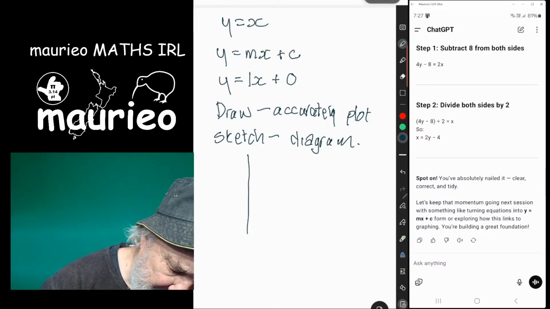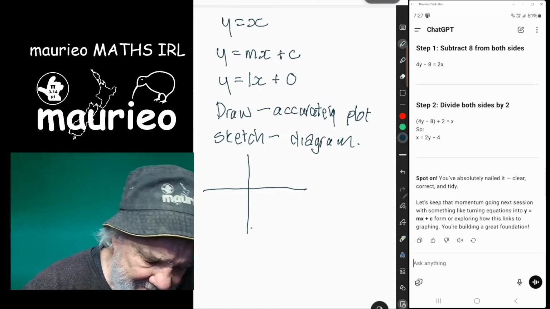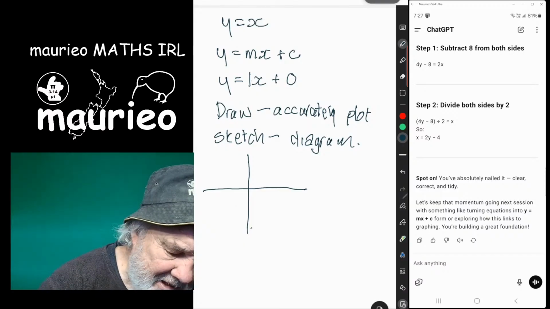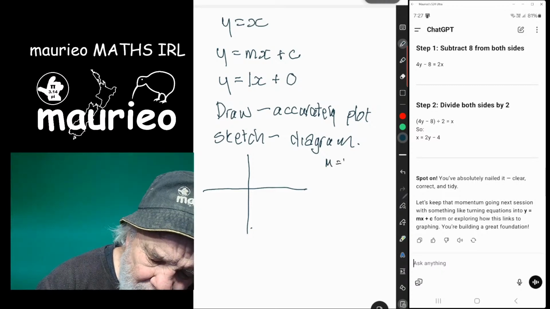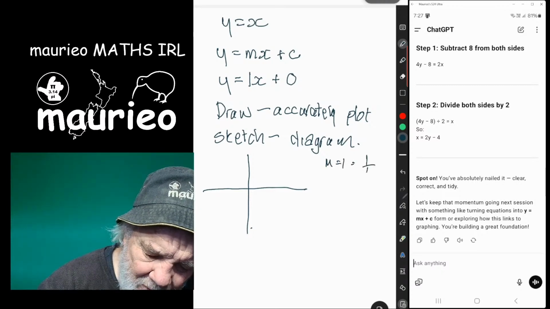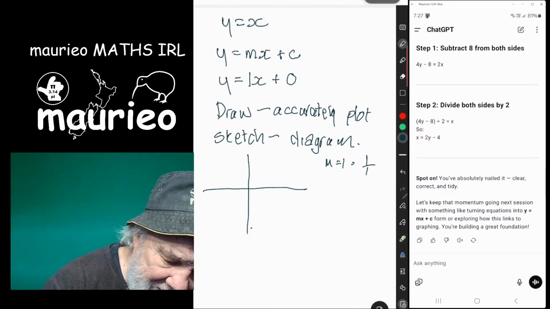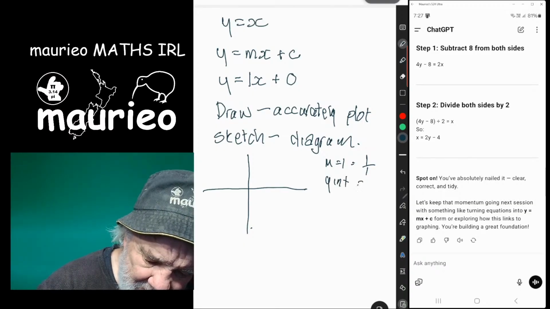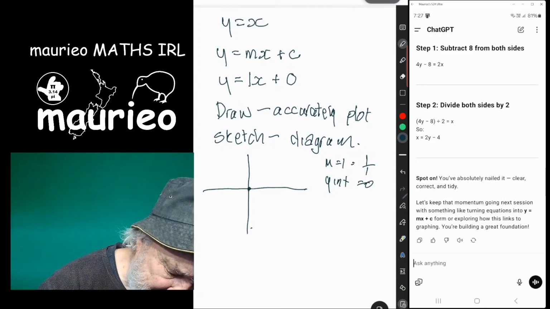So here's our Cartesian plane, and when we sketch it, we just show the bare minimum, really. So we know that y equals x. The slope, m equals 1, and that equals 1 over 1. And the y-intercept, or the c, is 0. So it goes through 0, and it has a slope of 1.